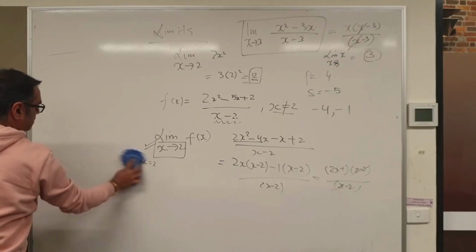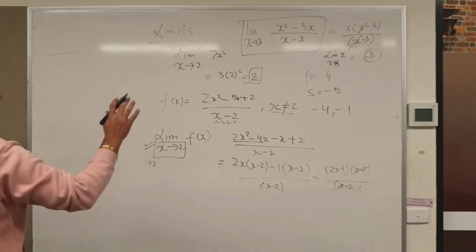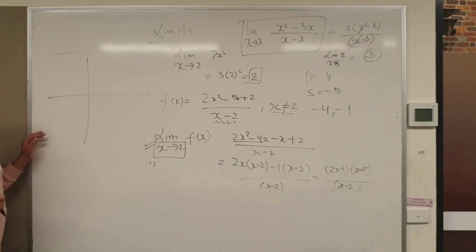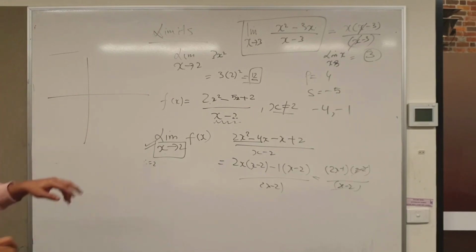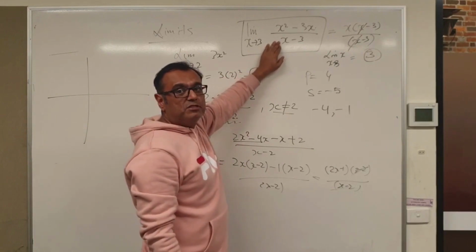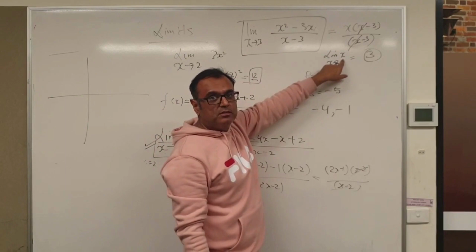What is this telling me actually? Think graphically, Romel. How do I draw the graph of this function? Basically, you factorize it to x.